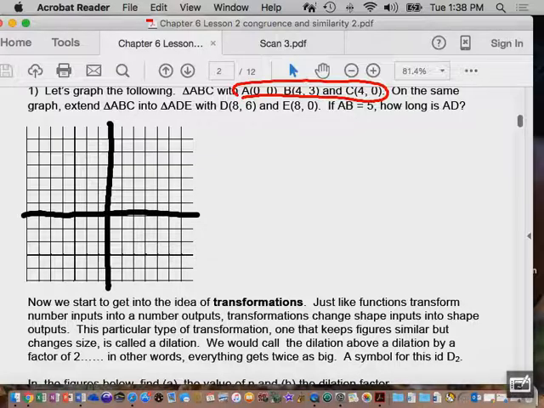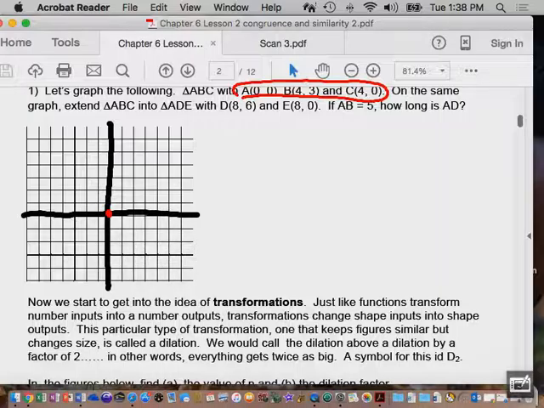We got a triangle. Okay, so first point is 0, 0.